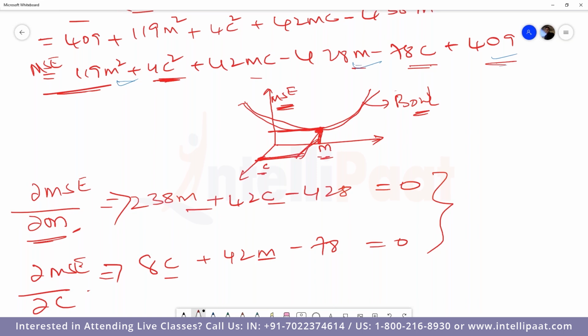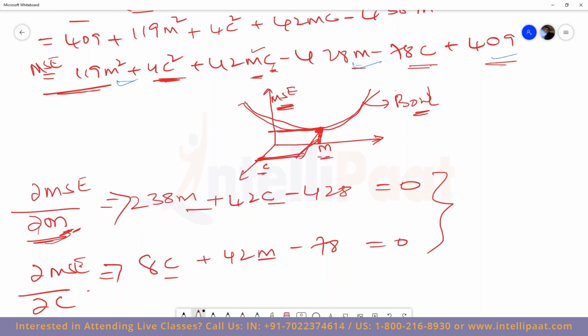Should the 42 MC be 0? No, right? When I'm differentiating with respect to M, C becomes a constant. So I get 42C. M is still there in 42 MC, so that will never become 0. It will only become 42C.